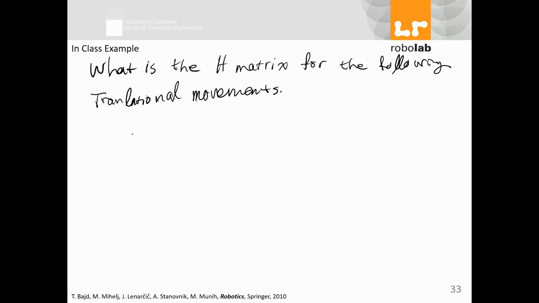So a translational movement vector. I show my movement in terms of a vector.